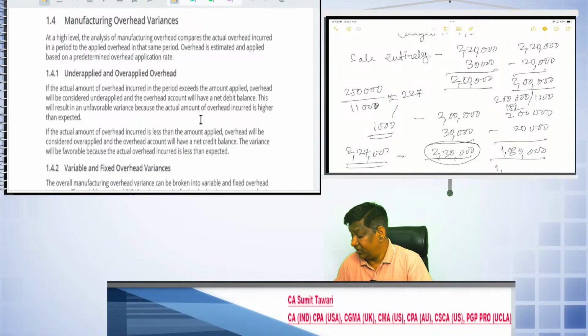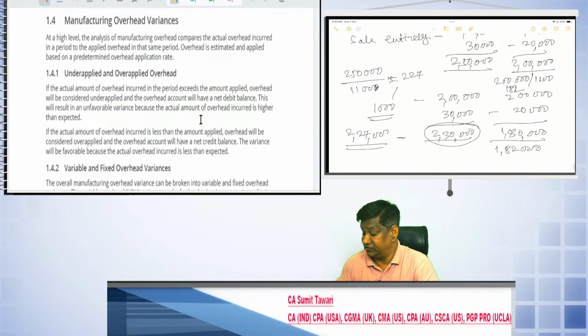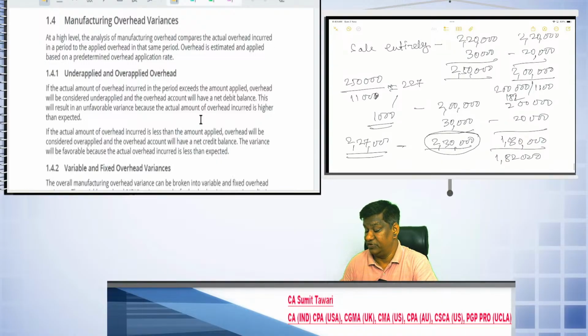So it should be 1,82,000. Okay, but because here is the over absorption of amount, that's why the additional amount goes to the inventory. Okay, so because of that reason this variation arises. Are you able to understand?